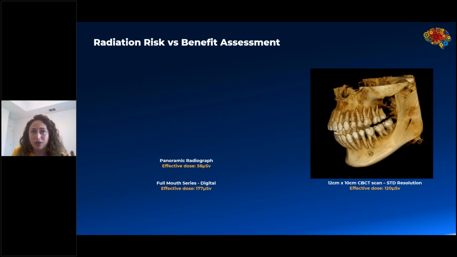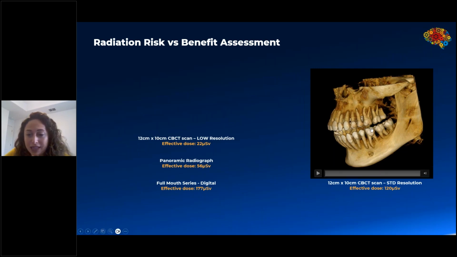We don't consider the radiation exposure that comes with 2D imaging, but we do think 10 times before we take a scan. So I think they are comparable to each other, and we should think of CBCT before automatically going back to our habit of taking a 2D pan, then a full mouth series, and then taking a scan only when we need it.